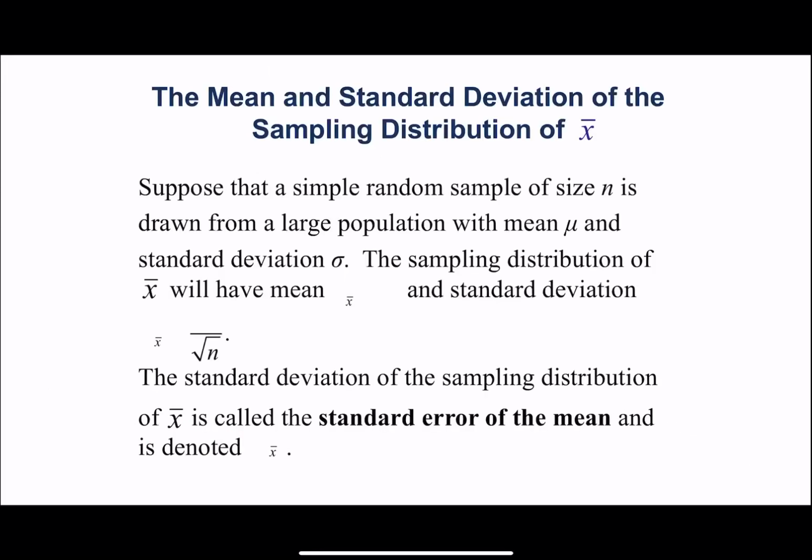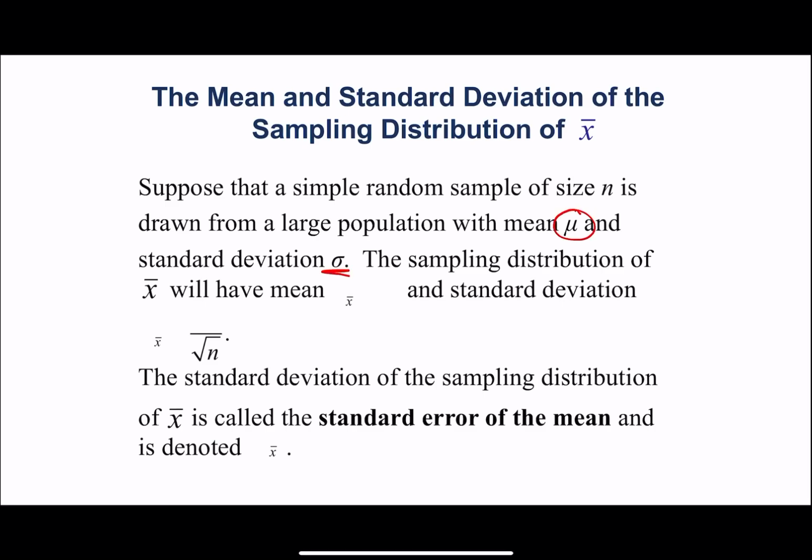Okay, so things got wonky here. I'm not sure why it's not looking okay on here, so I'm going to have to help. Suppose that a simple random sample of size n is drawn from a large population with mean mu and standard deviation sigma.